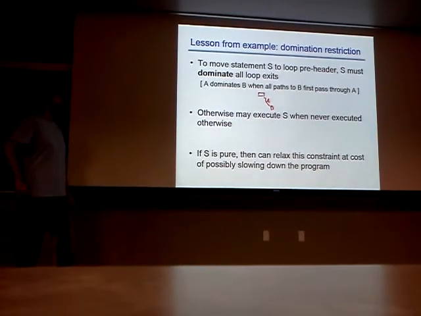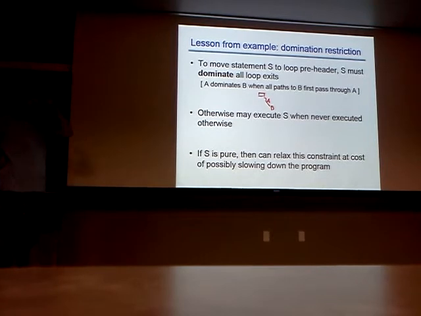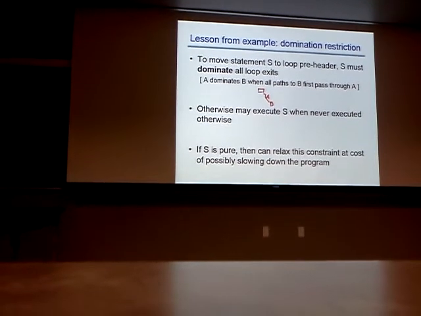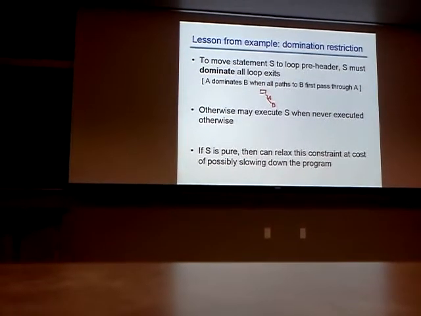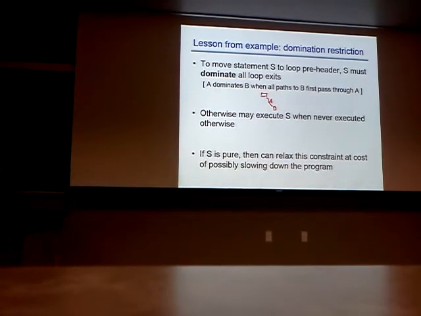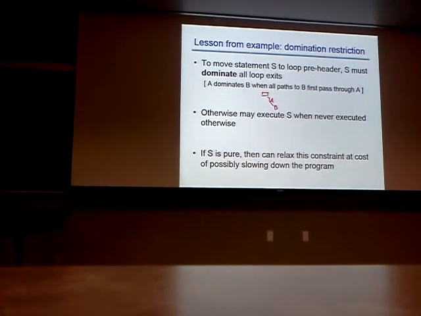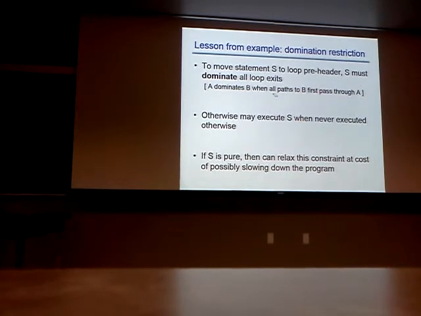Okay. So to move a statement S out of the loop, S has to dominate all loop exits, which basically means you can't reach a loop exit without executing S. Because if you can reach a loop exit without executing S, then you could possibly execute the loop without executing S, and then you should not be moving it up, right?